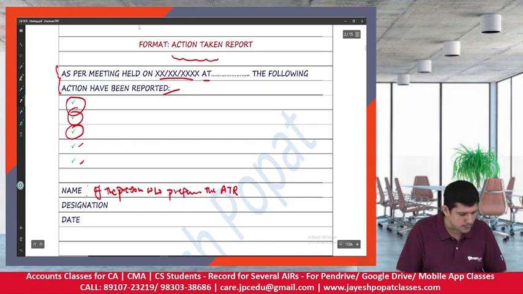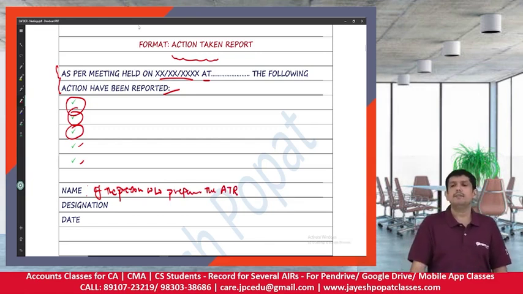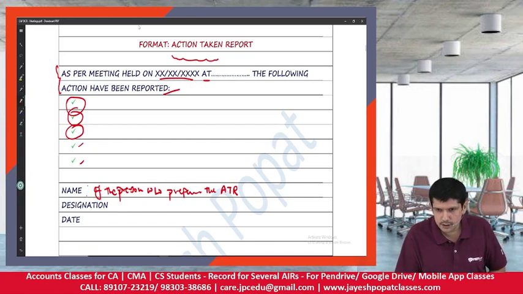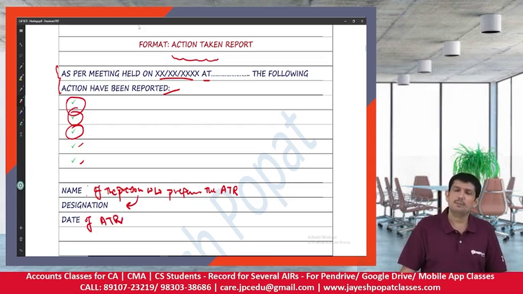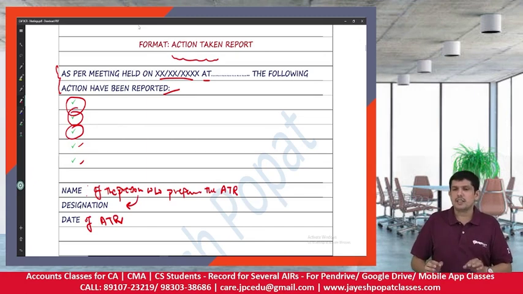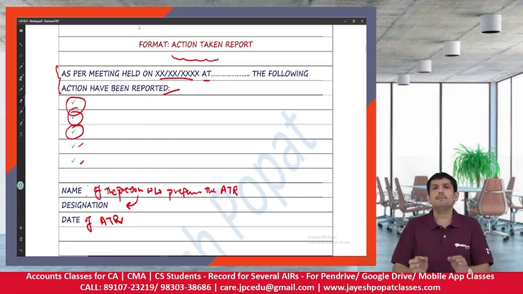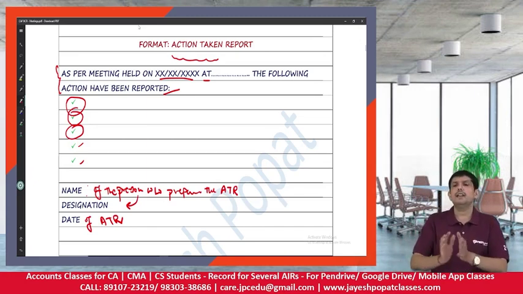Somebody who is responsible to prepare the ATR, his name will be there. This person's designation will be there, and the date of the action taken report, the date on which the action taken report has been prepared and submitted, will be put in here.